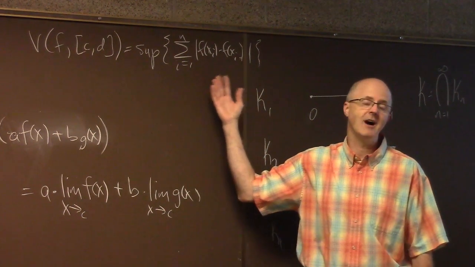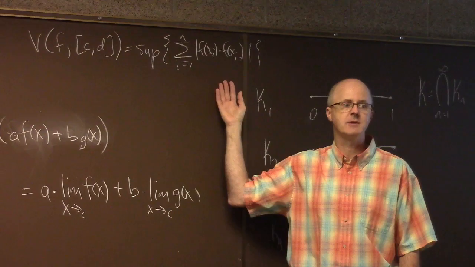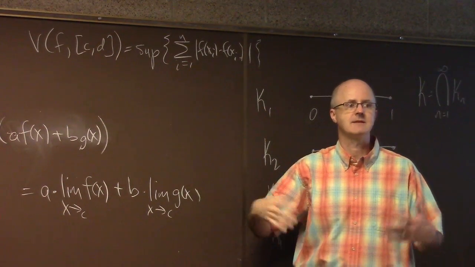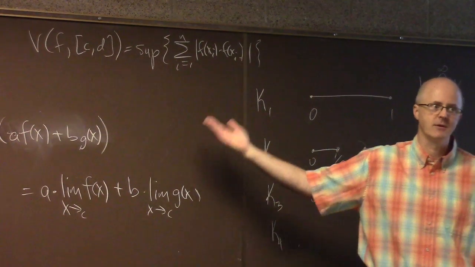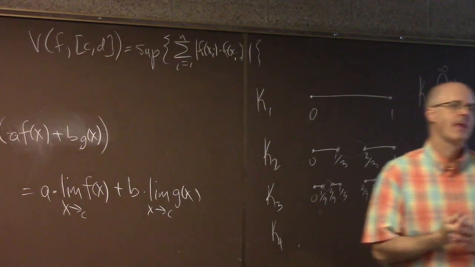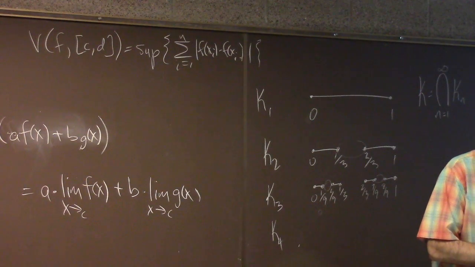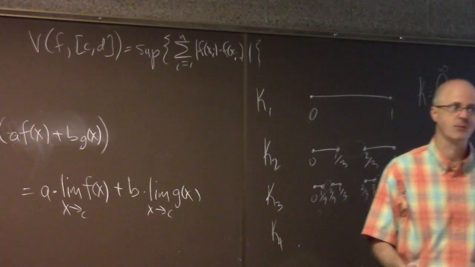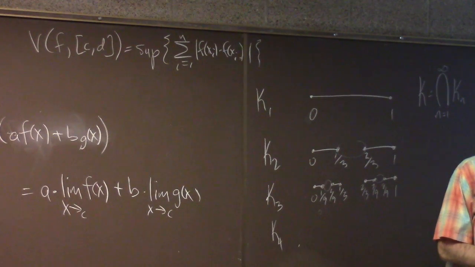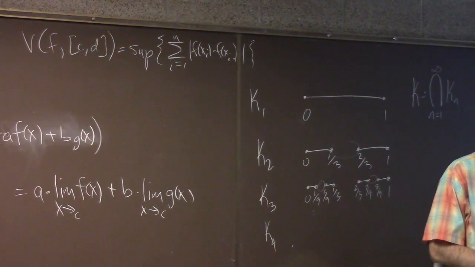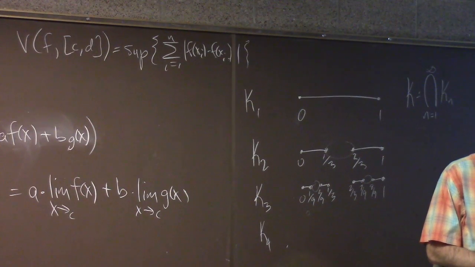I said this could be an unbounded set, not bounded above, and so technically it's a sup in the extended sense that it could equal infinity, so to speak. However, if it is finite, if the supremum is a real number, then we say the function f has bounded variation on the interval from C to D.